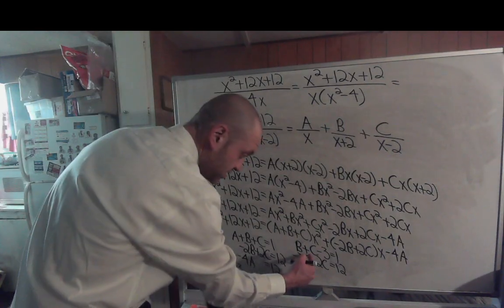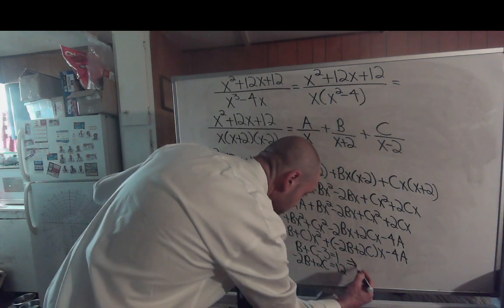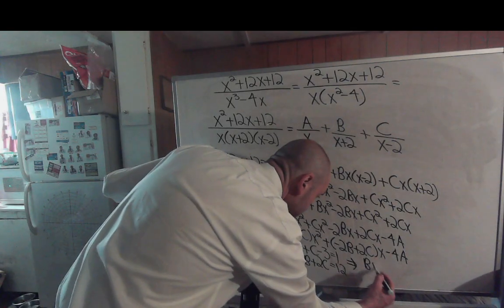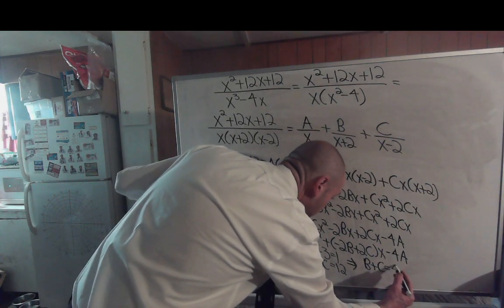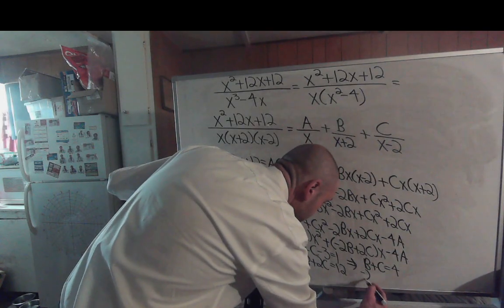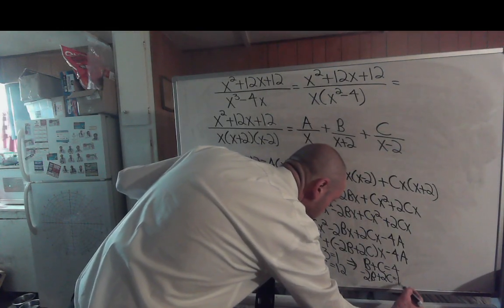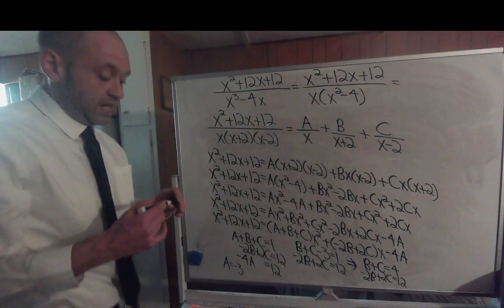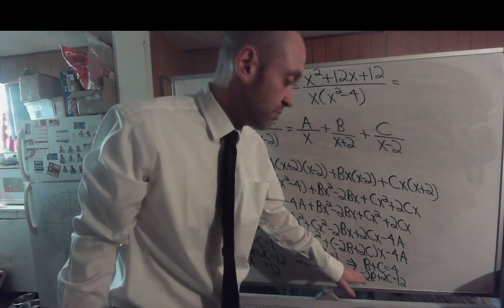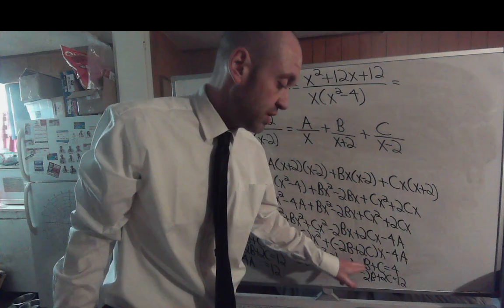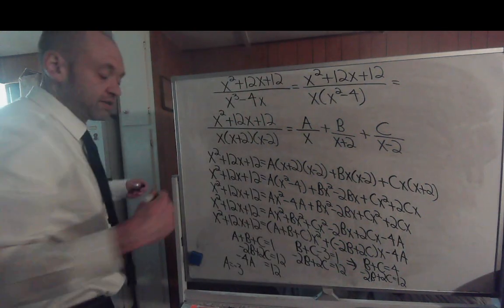Well, these two would simplify further into b plus c equals 4, and then negative 2b plus 2c equals 12. Well, if we multiply the top equation by 2, we can actually add these two equations together and cancel out the b term.